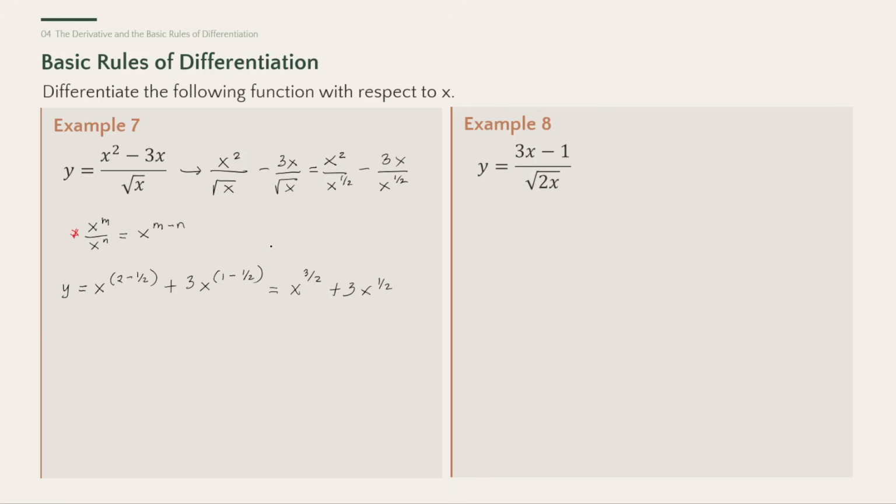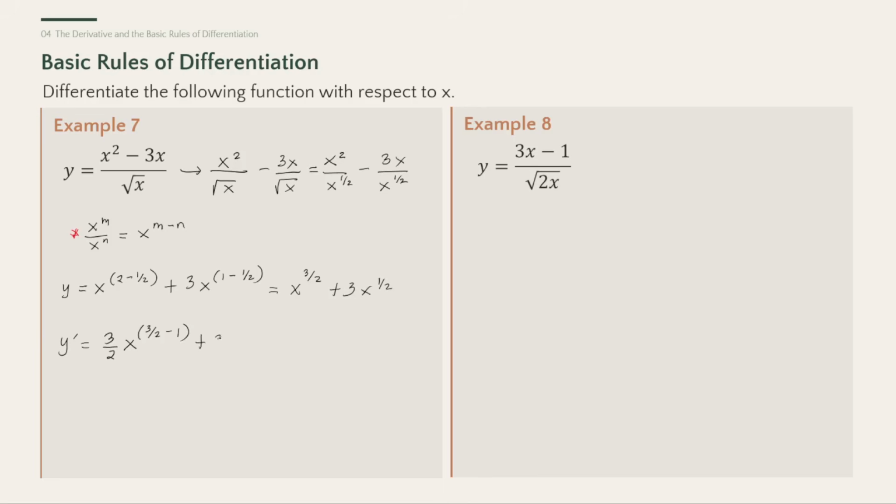Now we have this form that is directly solvable by the power rule. So again, we have the exponent 3/2. x raised to 3/2, we subtract 1 from 3/2.